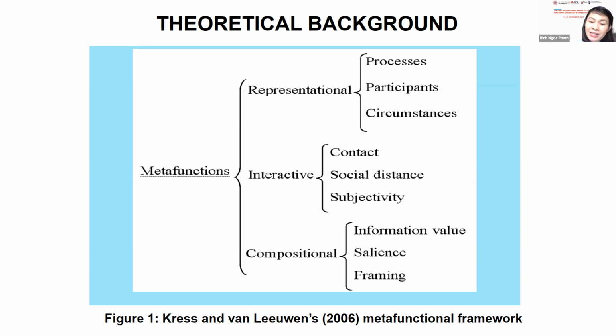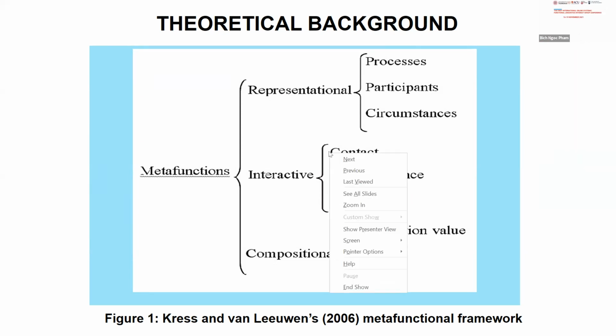And finally, the compositional metafunction comprises three main elements: information value, salience, and framing. Information value is concerned with the placement of the elements in the given meaning, and salience refers to the analysis of the elements which mostly attract the attention of the reader.